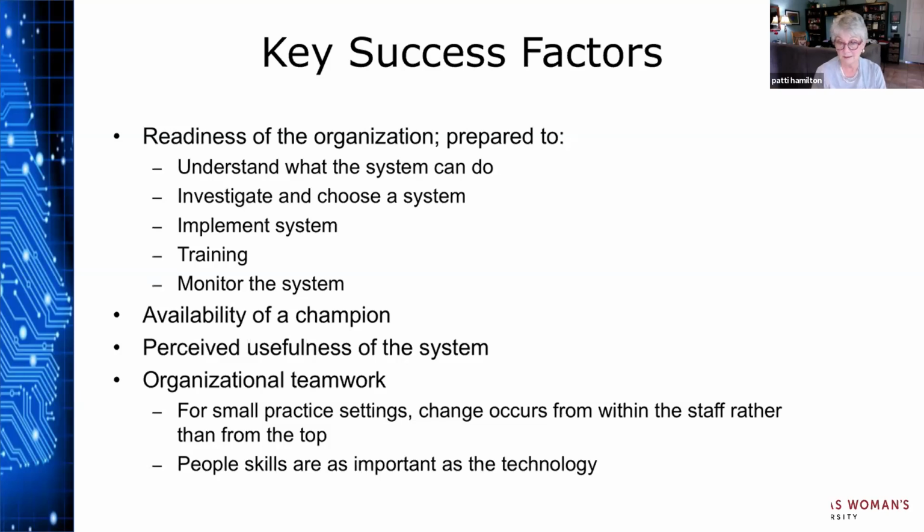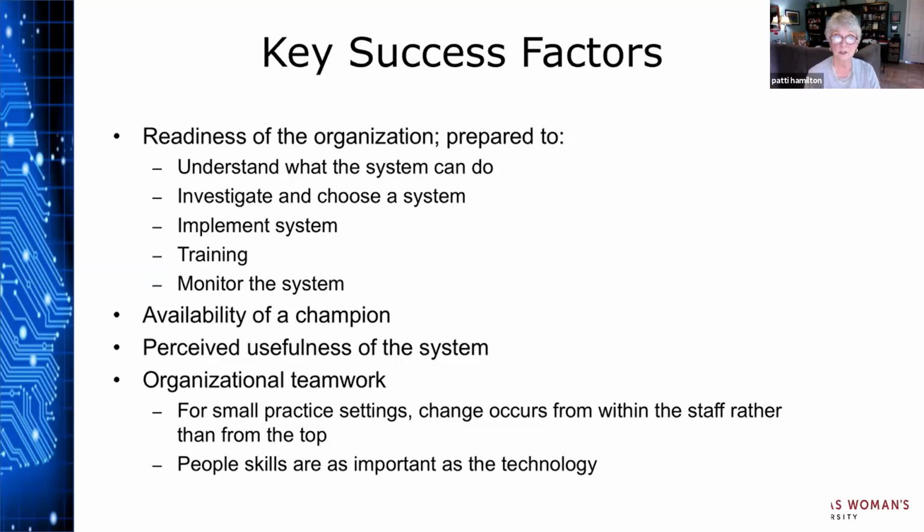Not once, probably not even twice or three times, but every time there's a new employee, every time there's a new change in the system, there needs to be additional training. And so training is one of these things that runs in the background constantly for an organization to be successful.